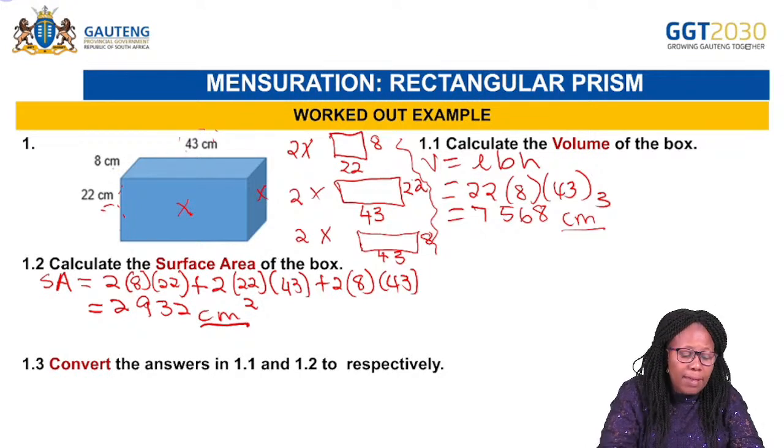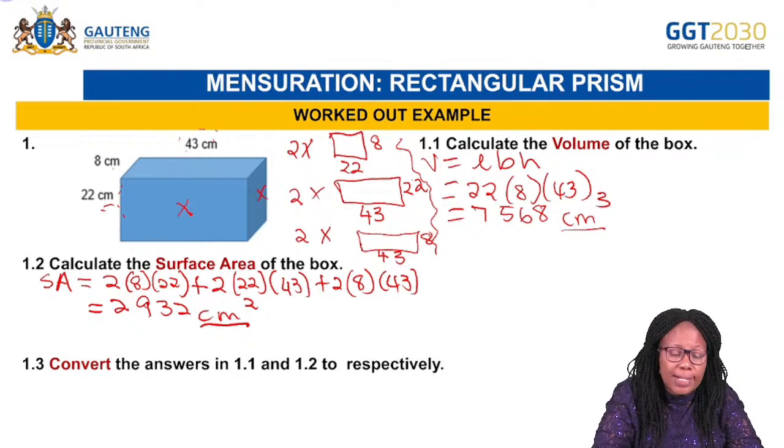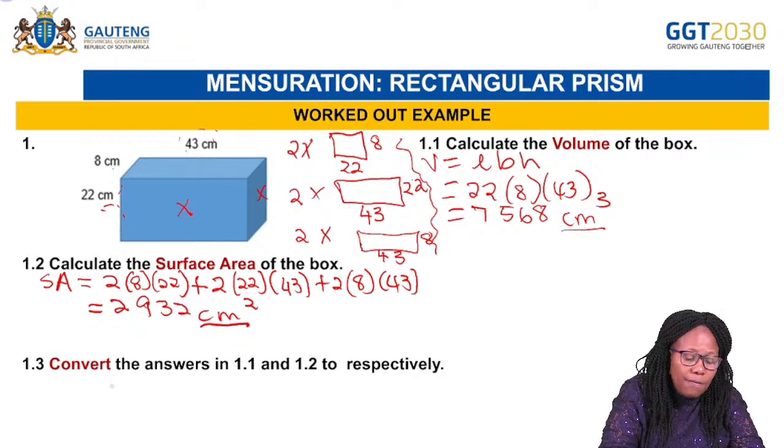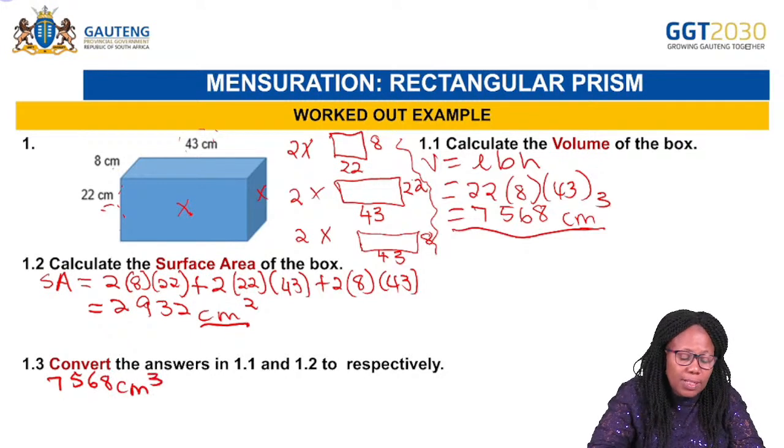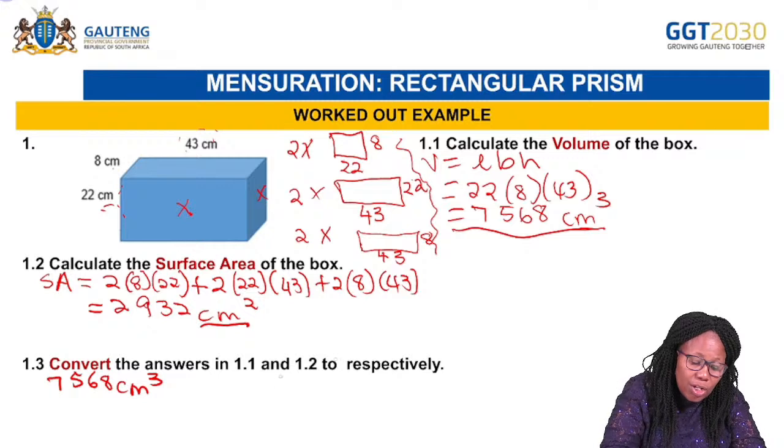All right. And then lastly, grade 12, let's convert our answers now. 1.3 says convert the answer in 1.1. What is the answer in 1.1? 1.1 is 7,568 cubic centimeters. And then the answer in 1.2 is 2932 square centimeters.